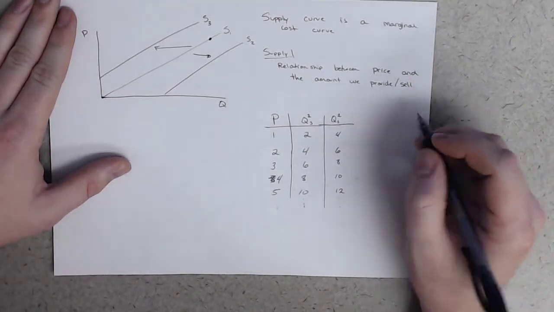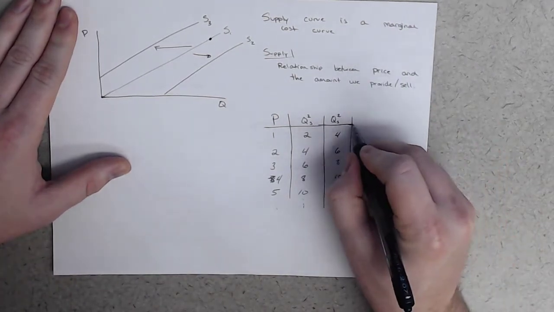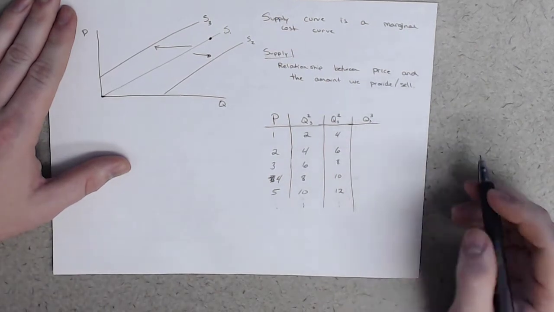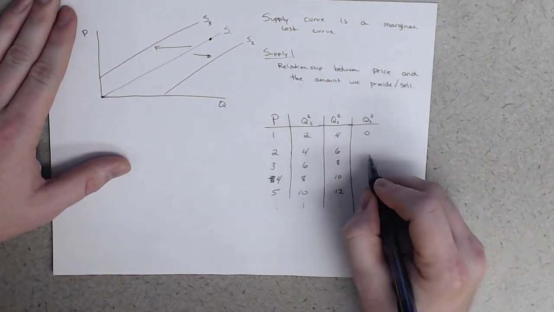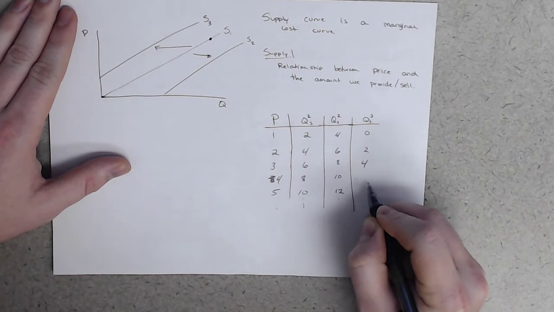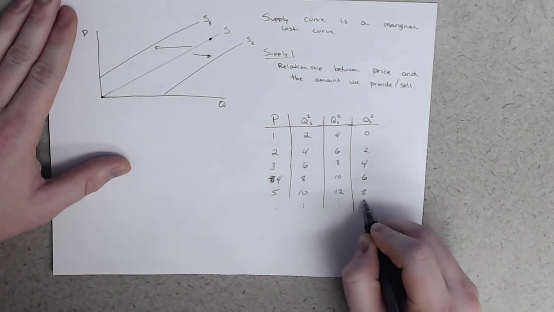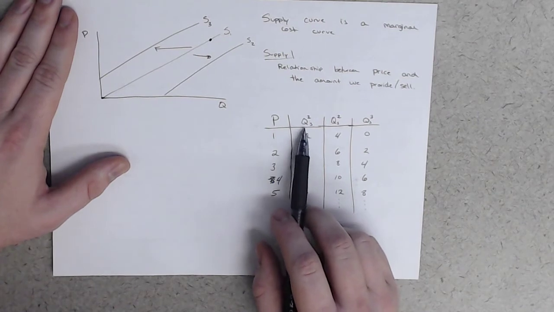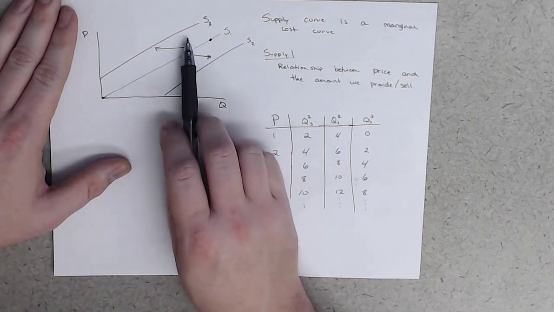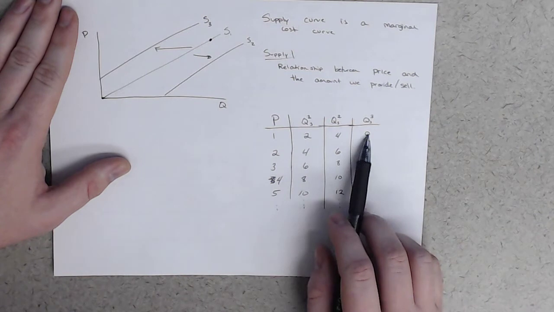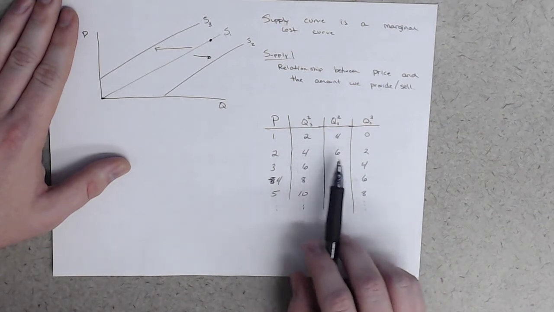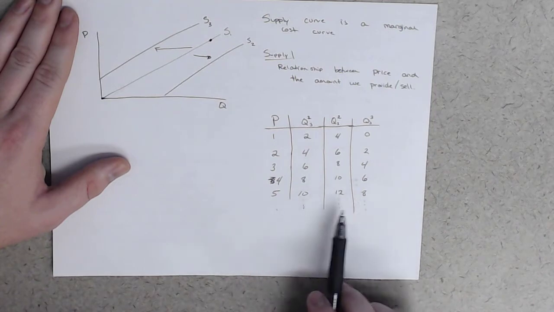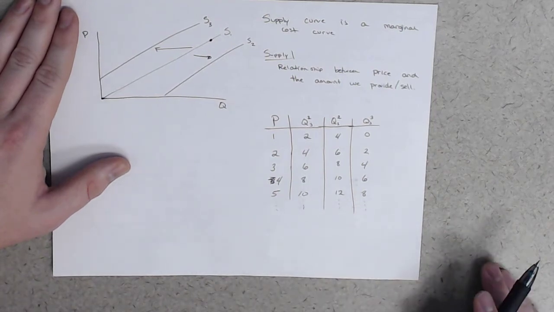Here, quantity supplied for supply curve number 3, maybe it's 0, 2, 4, 6, 8, and so on. And so here, if the supply curve decreased from S1 to S3, we're saying 0 is less than 2, and 2 is less than 4, and 4 is less than 6, and 6 is less than 8, and 8 is less than 10, and so on.